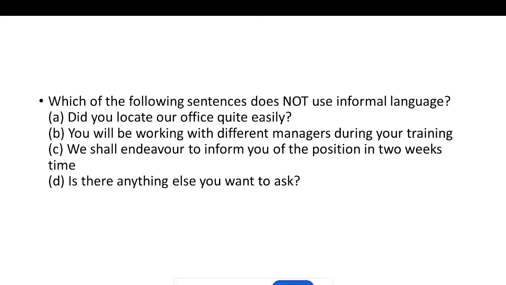Comment your answer. Informal language. Hope you know the difference between formal and informal language. Usage of words must be very polite in formal language. I'm expecting comments from everyone who is participating in this online session.